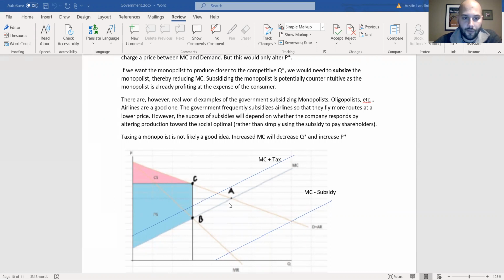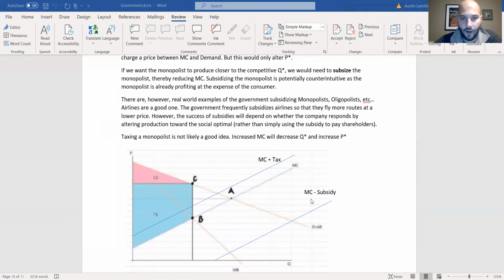So the argument is that if you subsidize the monopolist, it'll be higher quantity, lower price. The monopolist also, because it's subsidized, isn't going to reduce its profits much and therefore should be able to create jobs. So that's kind of the pro-monopoly subsidy.